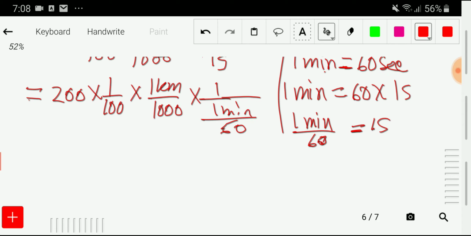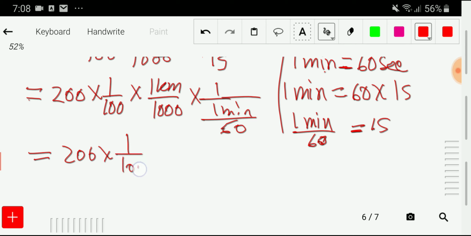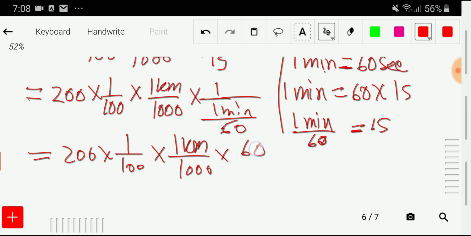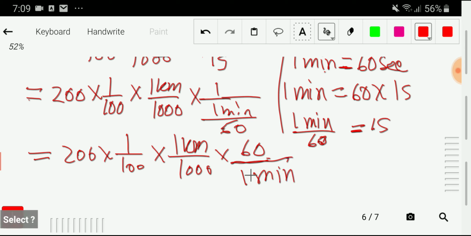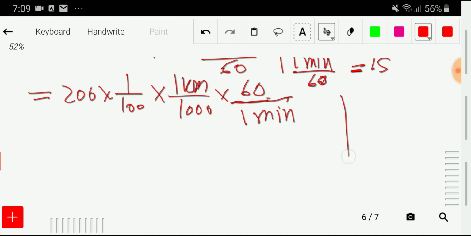So let me rewrite it: 200 times 1 by 100 times 1 kilometer divided by 1000 times 60. This 60 will come above, by 1 minute. Now we have to convert this minute to hour. We know that 1 hour equals 60 minutes.